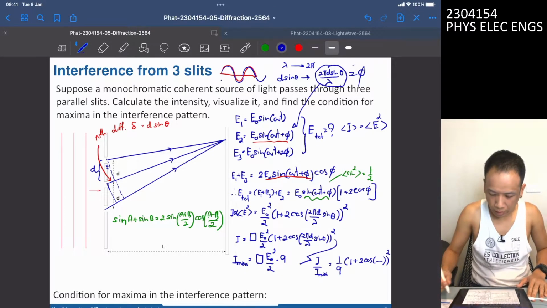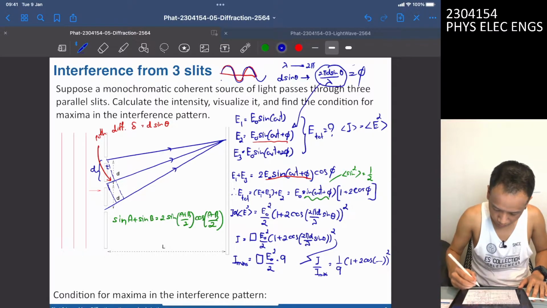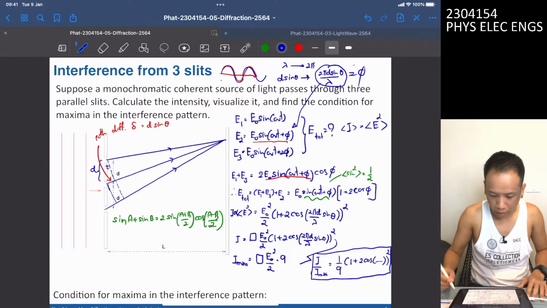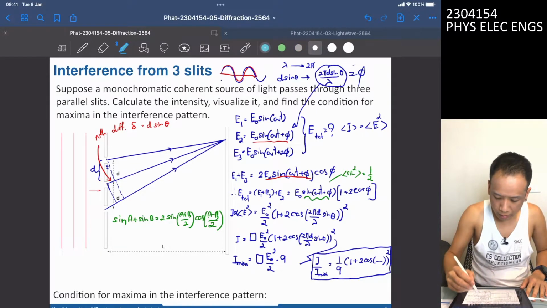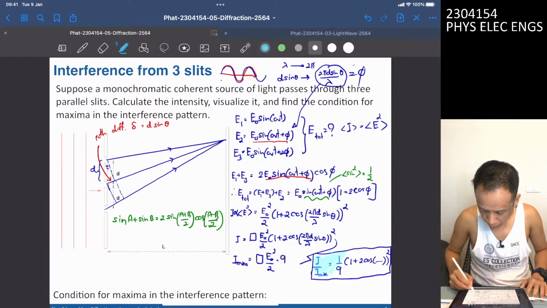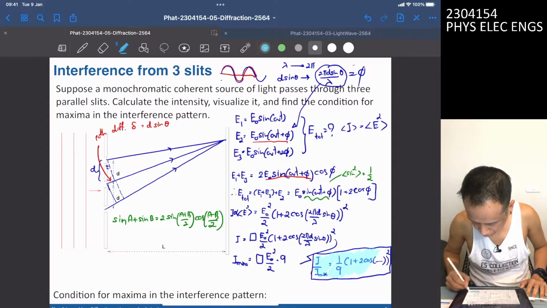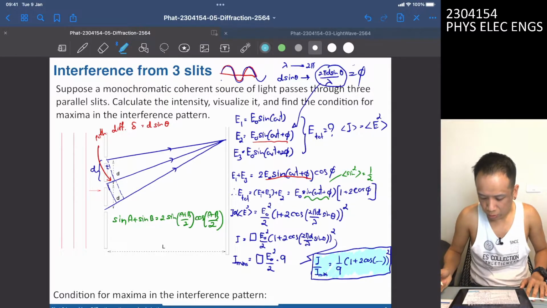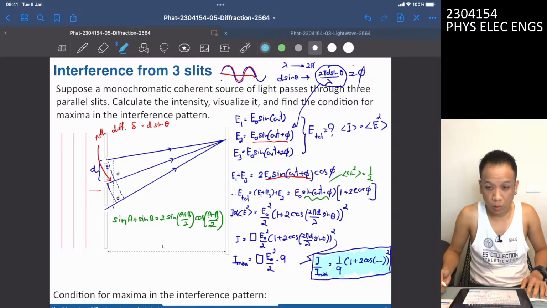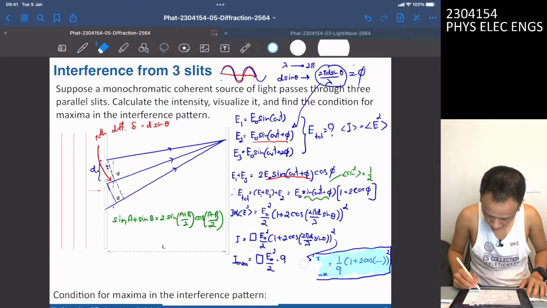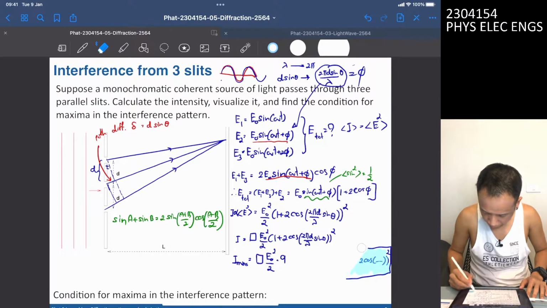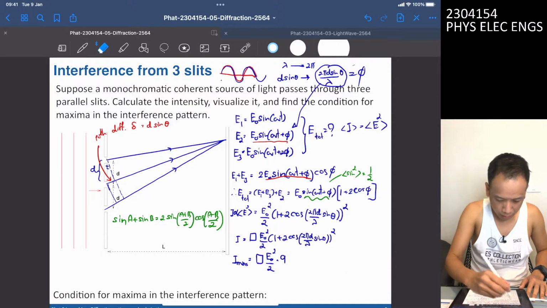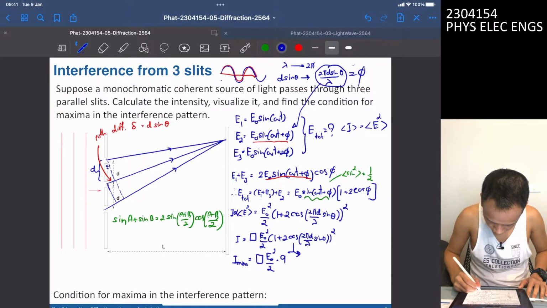Yeah, this is the solution that we get. So intensity divided by the maximum intensity will be 1 over 9, 1 plus 2 cosine 2 pi d sine theta over lambda, square. Maybe I should write it in the complete way, to avoid confusion.